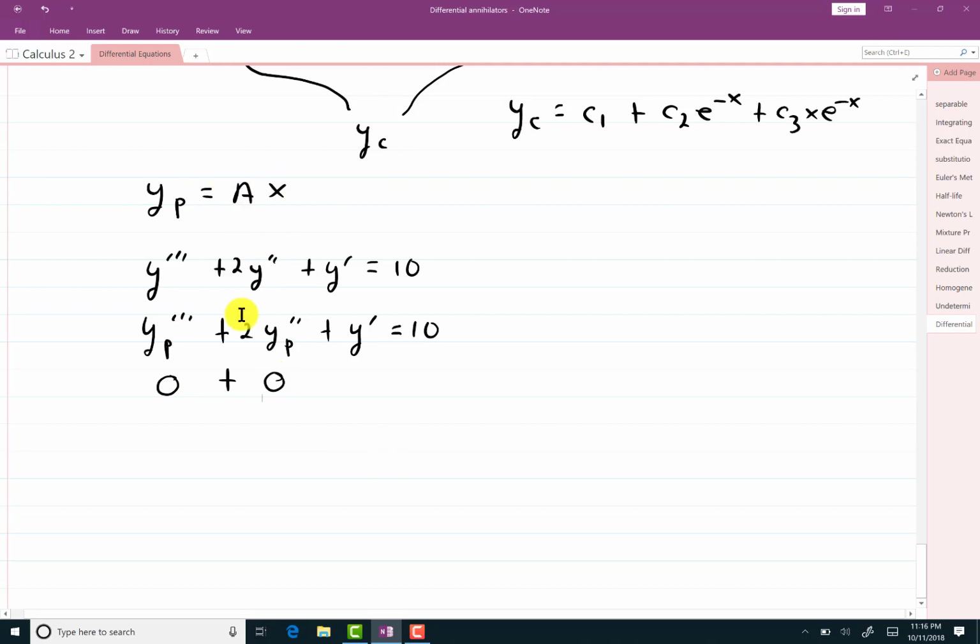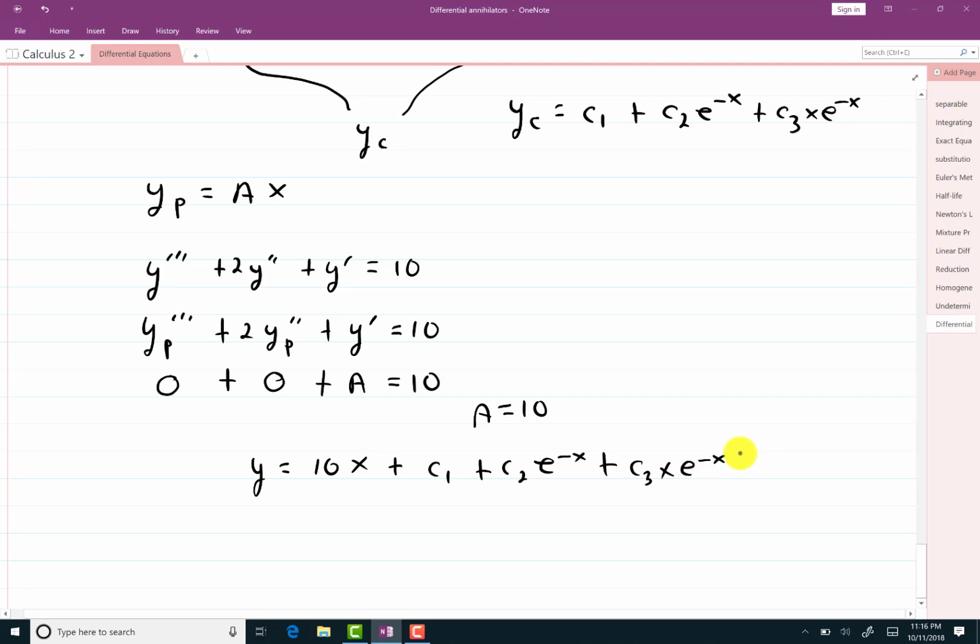The first derivative, however, will be just A. Well, that's pretty simple. A equals 10. With A being 10, I know that y sub p will be 10x. So my y then will be 10x plus c1 plus c2 e to the negative x plus c3x e to the negative x. And there you go.